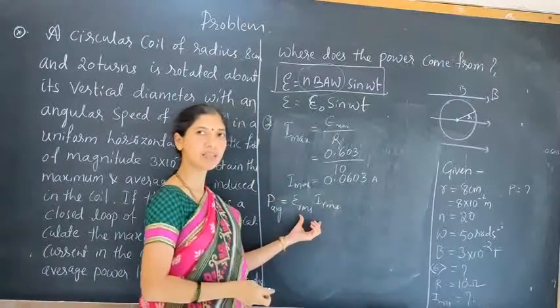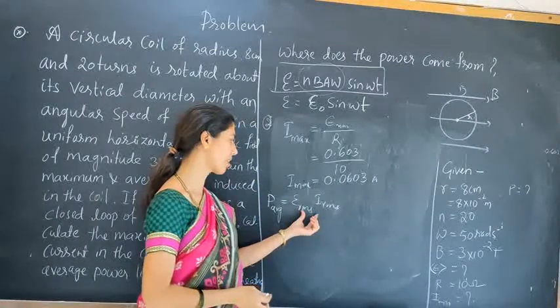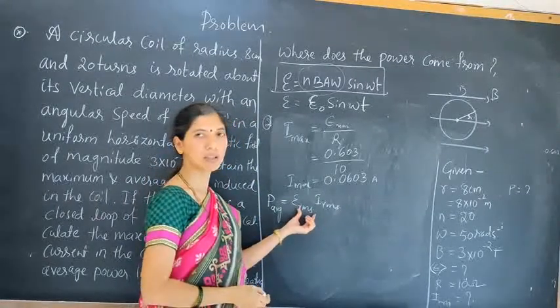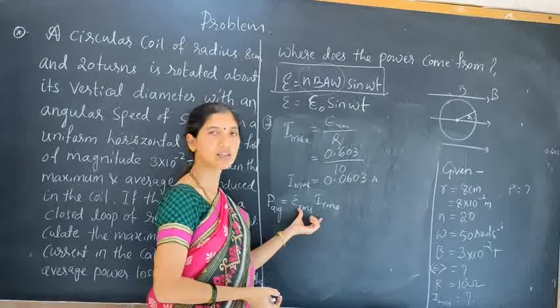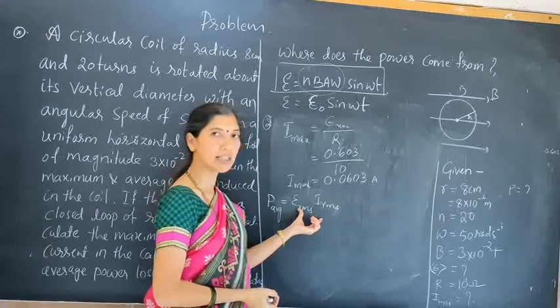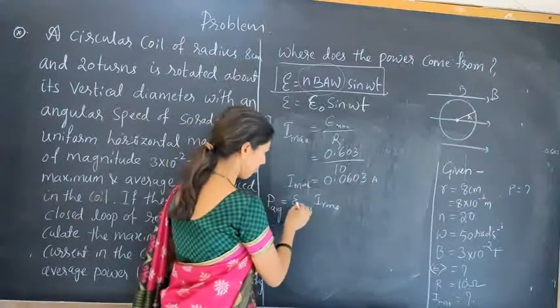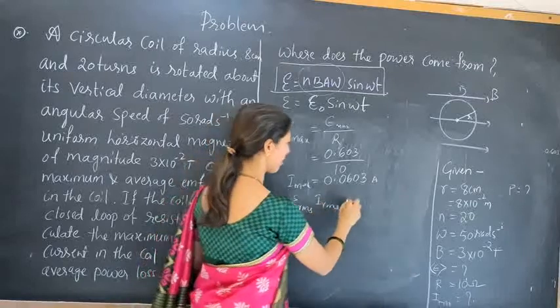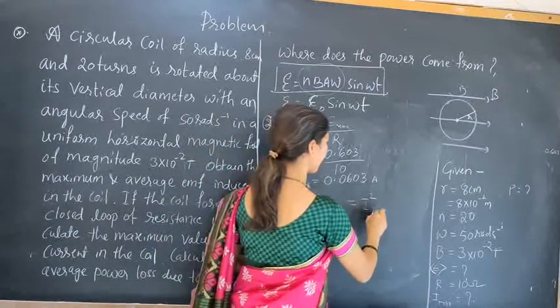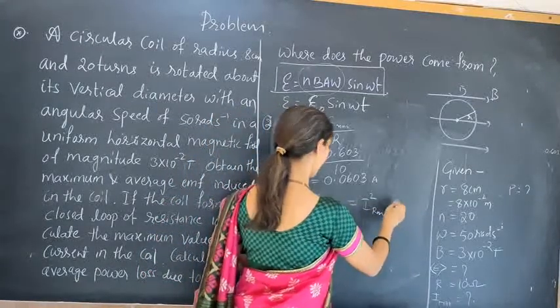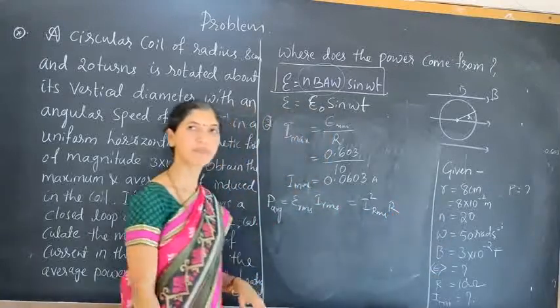This RMS is root mean square value, which you will study in the AC chapter. E RMS into I RMS, or you can write this as I square RMS into R.